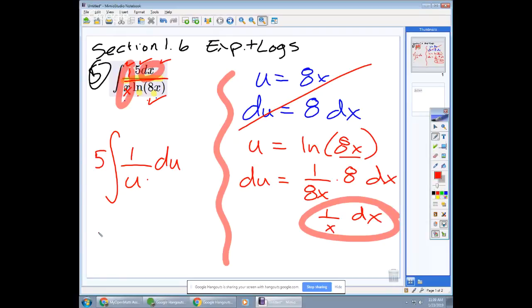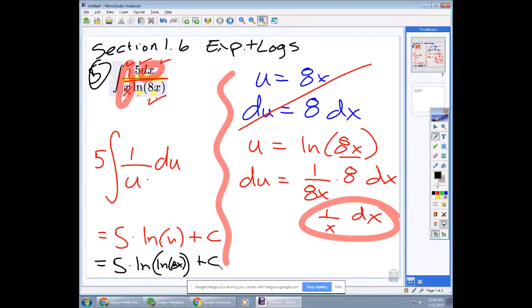All right, so I get 5 times the natural log of u plus c, and then reverse substitute back into that. So switching colors, I get 5 times the natural log of, what's u again? The natural log of 8x. Yeah, so I get the natural log of the natural log of 8x plus c.